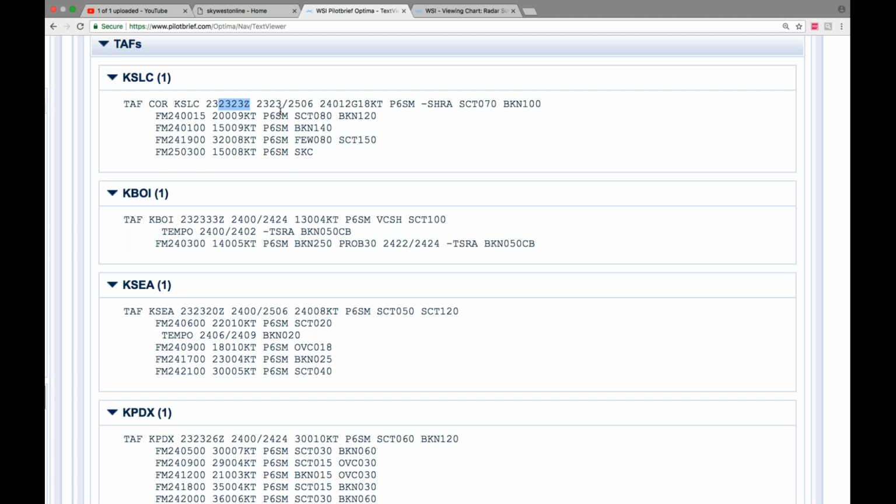We'll subtract 6 right now because we're in daylight savings time. So if we subtract 6 from that, that's what time it is local. If we subtract 7 from it, that is LA time or Pacific time. Does that make sense? Yes, I'm glad I finally got that straightened out.